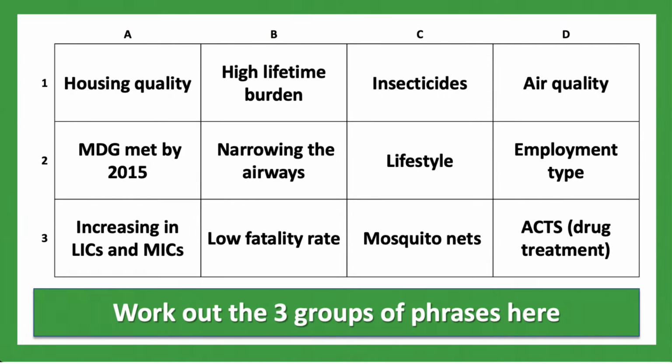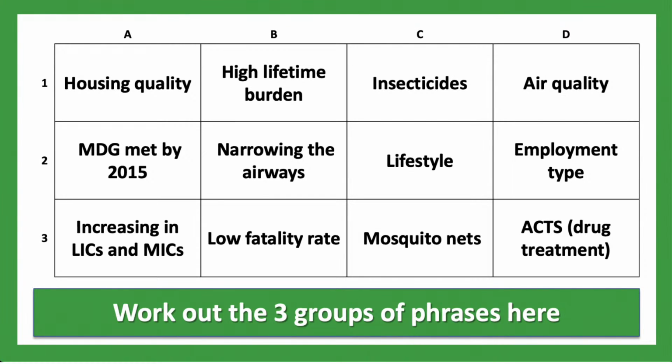So the 12 items are here. Let's take a moment to see if you can work out what one of the groups, or 2 of the groups, or all 3 of the groups are. So off you go. Have a little think about these now. We've got 12 items. I'll just read them out for you.